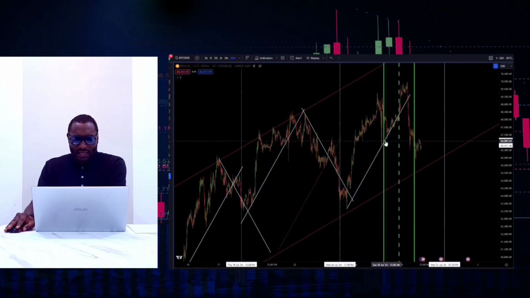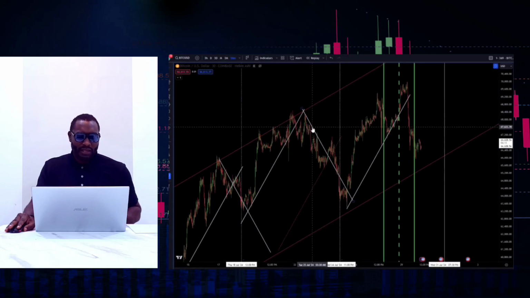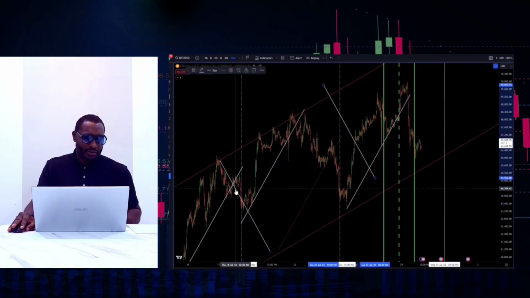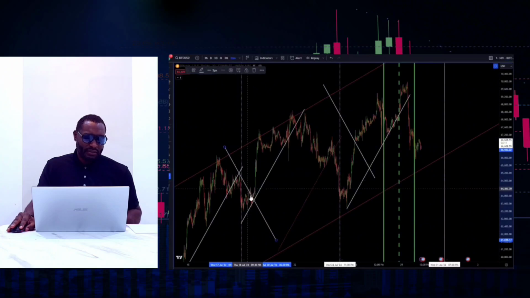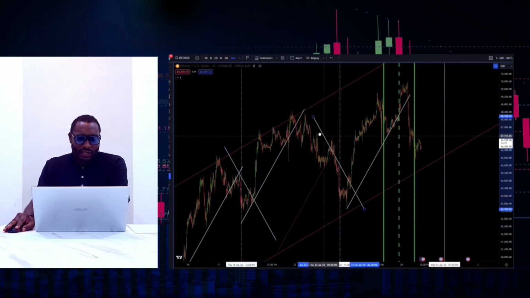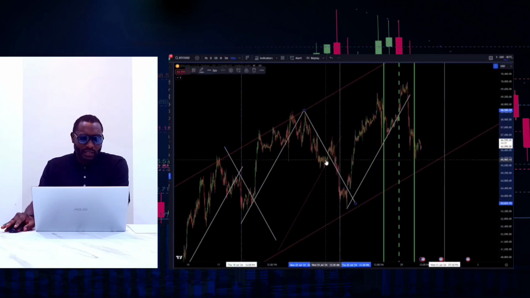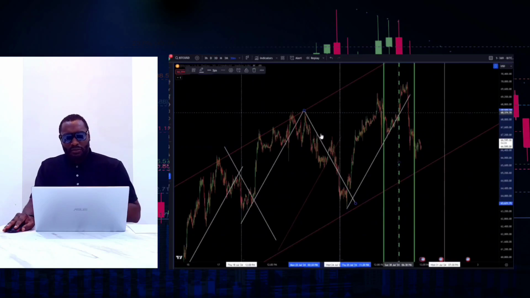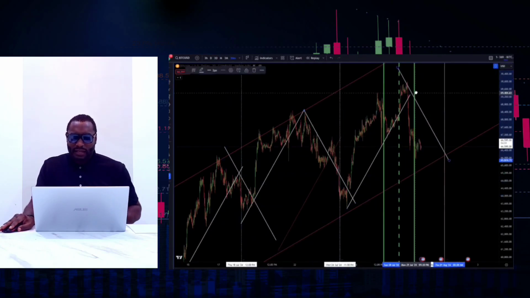So again, this is like a phase 1, phase 2, and then phase 3. So there's no question we're in phase 3. And same thing, once you start to break out, you want to put your trend line. You kind of want to use the same trend lines each time. So let me put that trend line here.